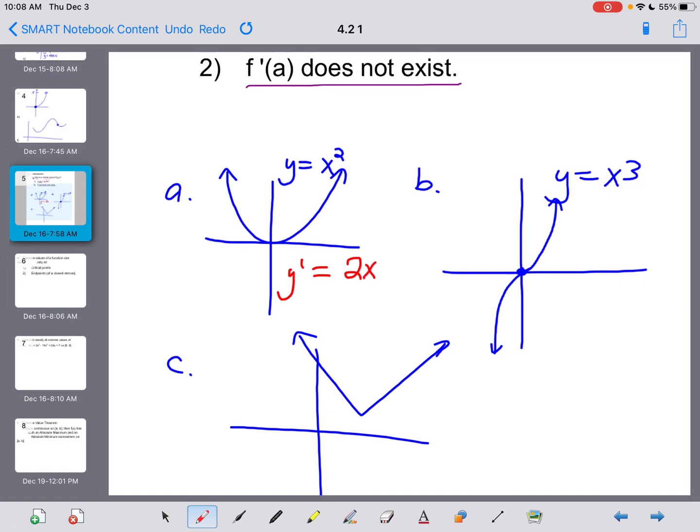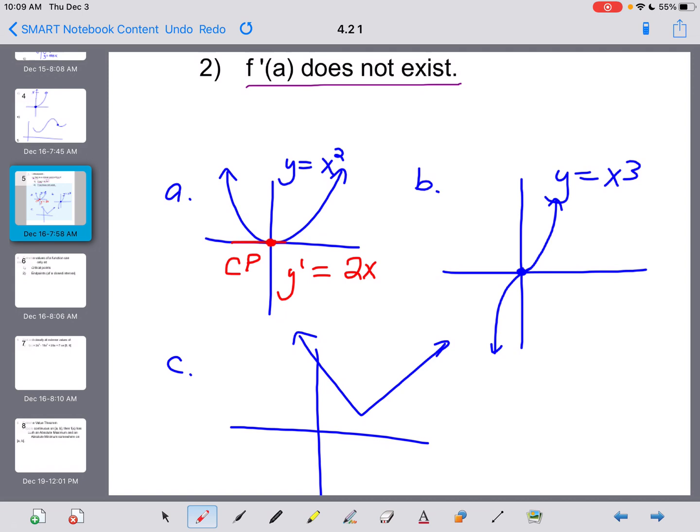All right, and is there any value of x that would make this derivative either equal to 0 or undefined? Well, pretty clearly, that one is going to equal 0 when x is 0. So at this spot right over here, everybody, we have ourselves a critical point because our derivative is 0 at that spot.